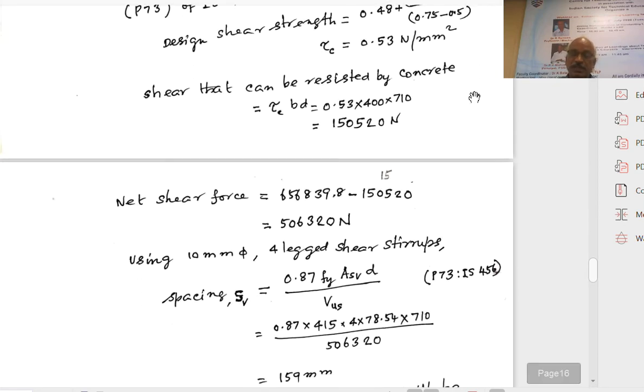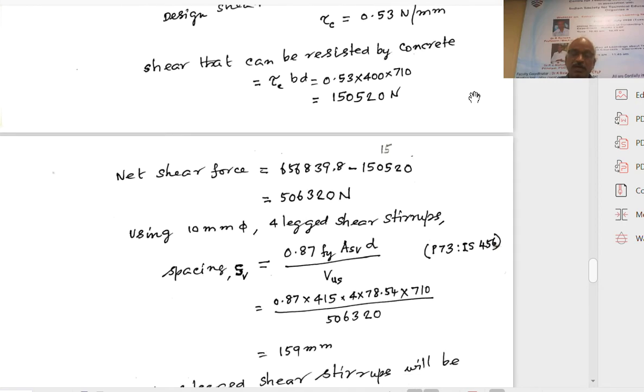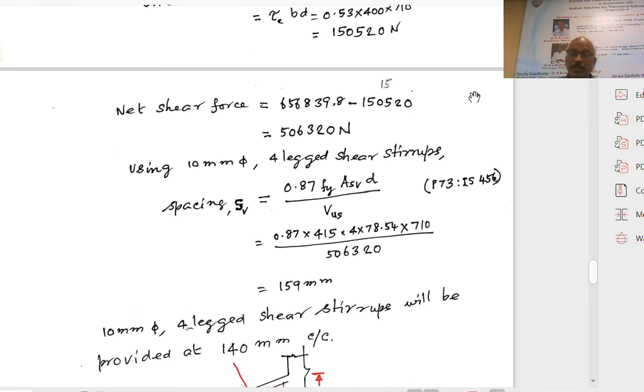So coming to stirrups, let us assume four-legged shear stirrups of 10 mm diameter. To find out the spacing of vertical stirrups, we have the formula. Spacing is equal to 0.87 fy Asv d by Vus. This is again from IS 456, page number 73, where all the notations are explained.